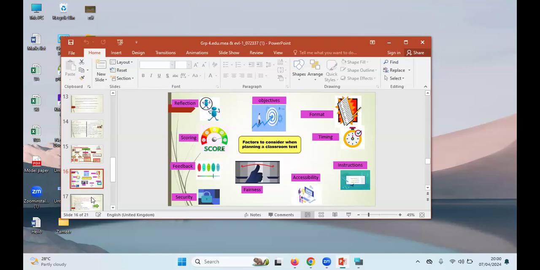Next factor, accessibility. What do we mean by that? Make accommodations for students with special needs, such as extra time or a distraction-free environment. An important factor is fairness: a test that is fair by covering materials taught, avoiding biased questions, and providing an appropriate level of difficulty.